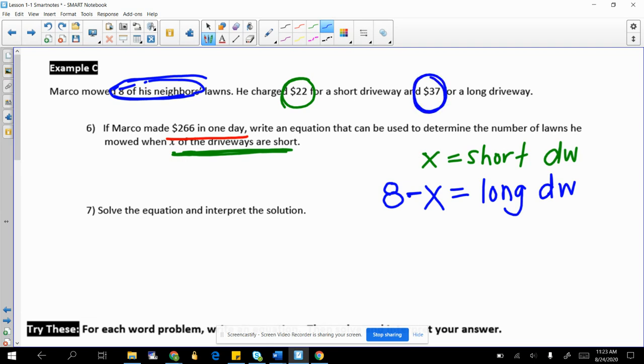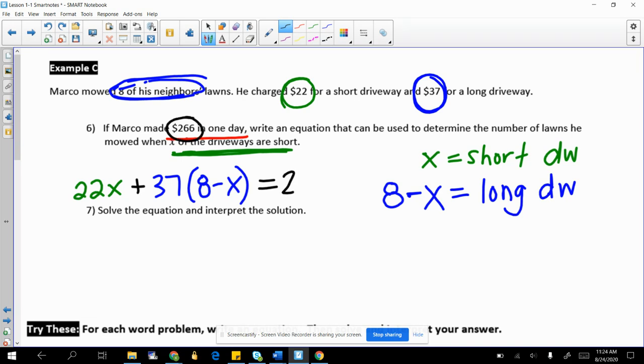So let's put that together: 22X for short driveways plus $37 is what he's charging for long driveways, and that's going to have to be 8 minus X. So we're going to put that in parentheses, and then set that equal to the profit that he made in one day, which was $266. So there's your equation.